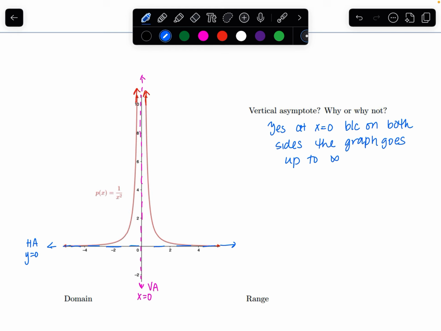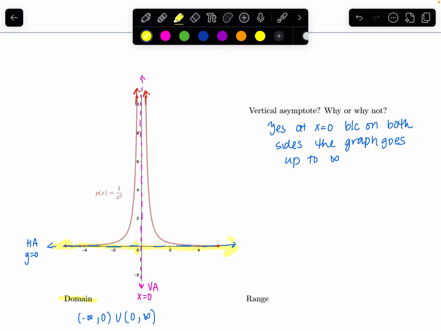Let's take a look at domain and range. For our domain, we have negative values over here all the way up. It kind of stops at 0, picks back up again, takes off to positive infinity. So that's the interval from negative infinity to 0, union 0 to infinity.